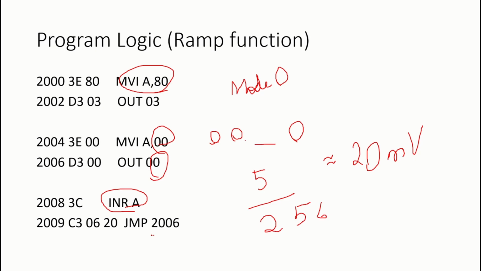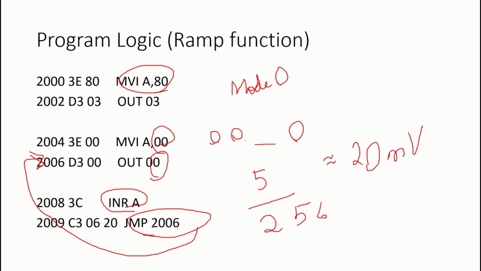After this, we have another instruction, which is JMP 2006. This forces the program to go back to the instructions stored in 2006, where OUT 00H is located. This basically creates a loop in the program. After the accumulator is incremented, the program jumps back and sends the new value to the DAC.